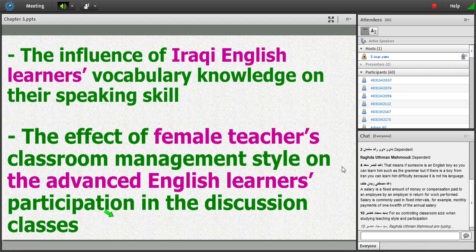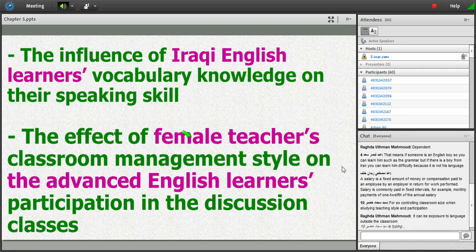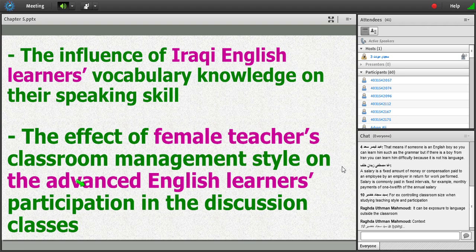What are the control variables? Female teachers. It means that I control the gender of the teachers. Why? Because maybe the female teacher's classroom management style is different from the male teacher's classroom management style. Also, I control the level of proficiency: advanced English learners, not intermediate learners, not elementary learners, okay?